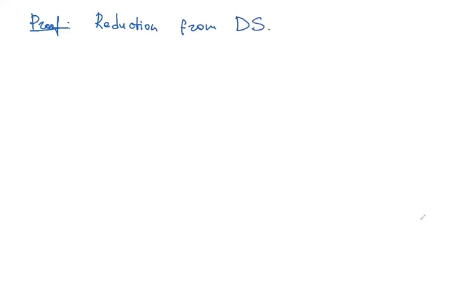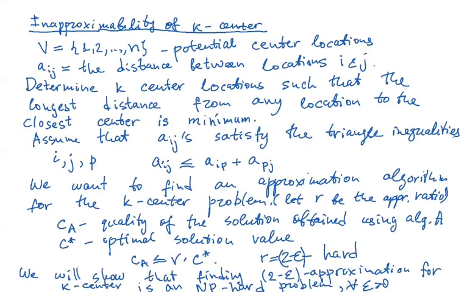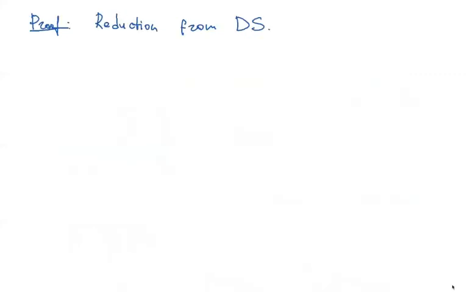In fact, when we say that finding a 2 minus epsilon approximation for K center is an NP-hard problem, we are talking about a restricted case where the distances satisfy the triangular inequality. So remember that we have this assumption here. This result holds even for this restricted case, which is supposed to be easier than the general case, right?